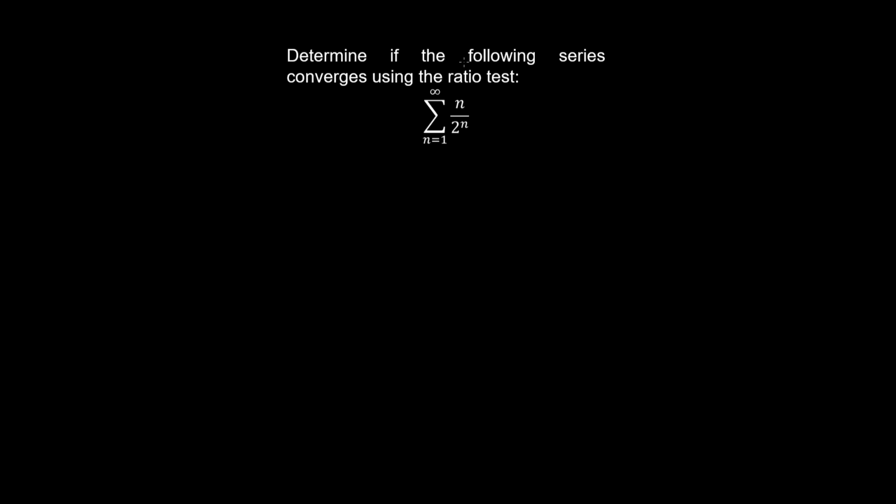Let's use the ratio test to determine if this series converges. So we take the limit as n goes to infinity of the ratio of the next term in the series to the current term in the series. And doing a bit of algebra, we can write this as follows.